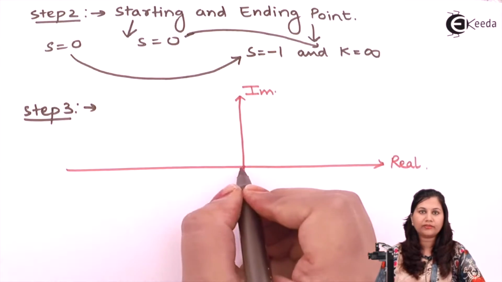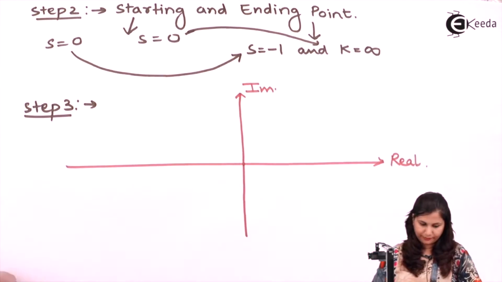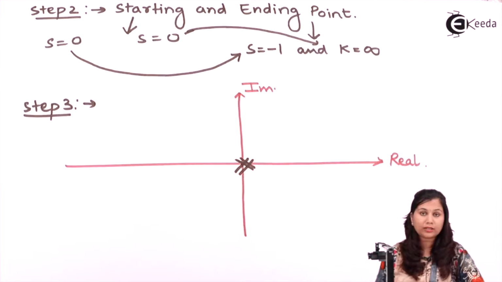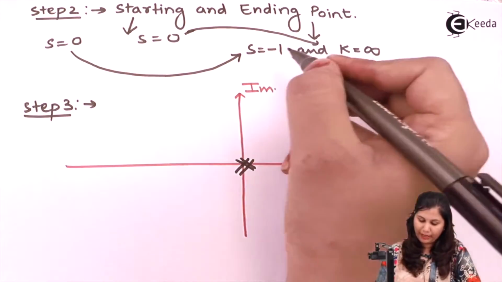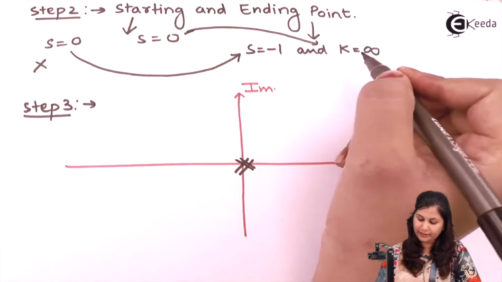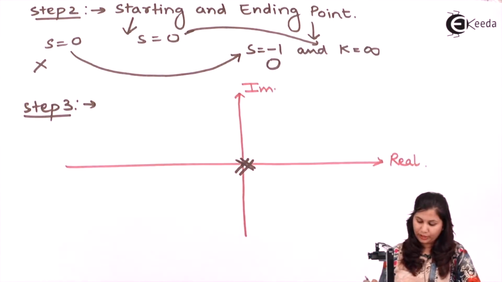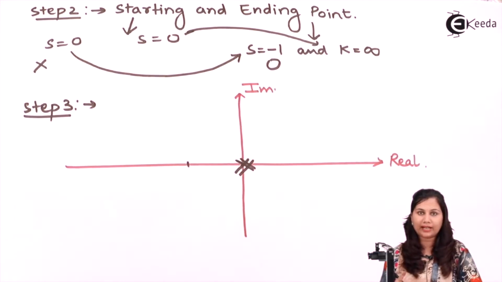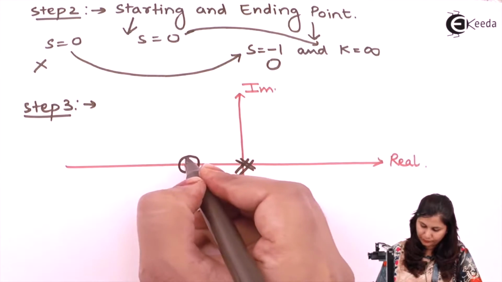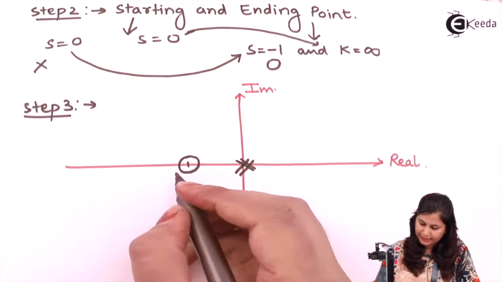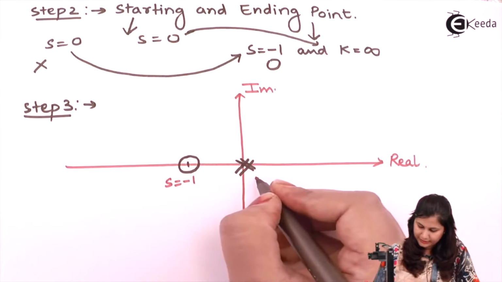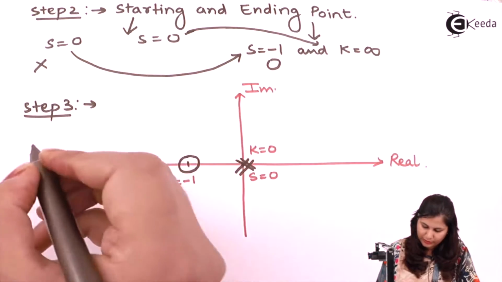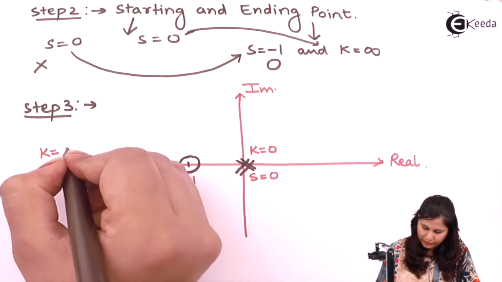On the origin we have two poles, so we denote it by a double cross, because poles are denoted by a cross sign and zeros are denoted by a circle. On s = -1 we have one zero. So this is s = -1, and this is s = 0, or we can say k = 0, and this is k = infinity.